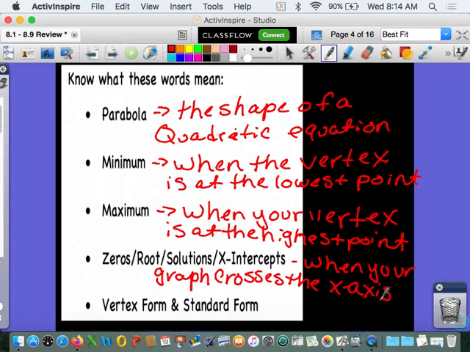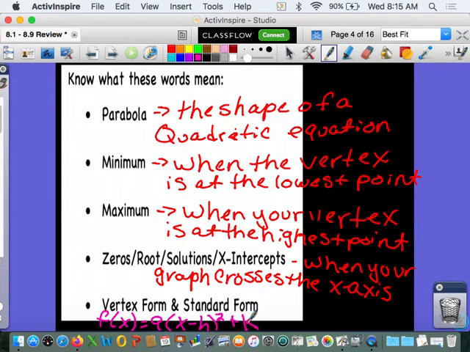Last one, vertex form. What is vertex form? This one's not going to be really a definition so much as just the formula. What is your vertex form formula? f(x) equals a(x minus h) squared plus k.